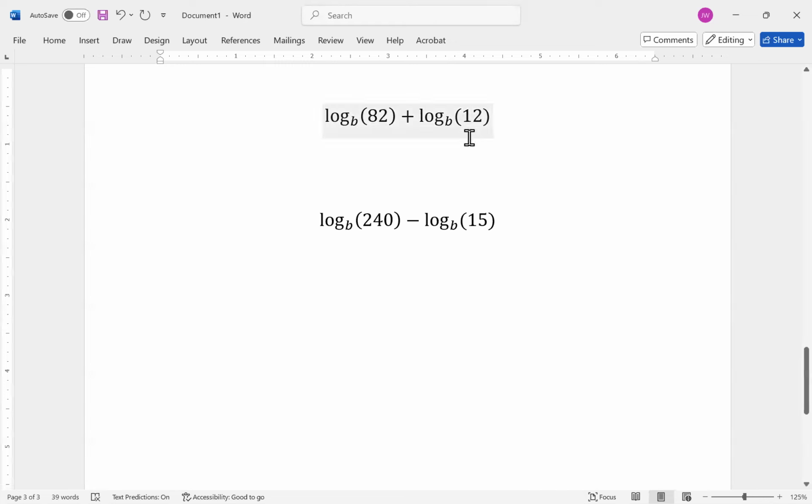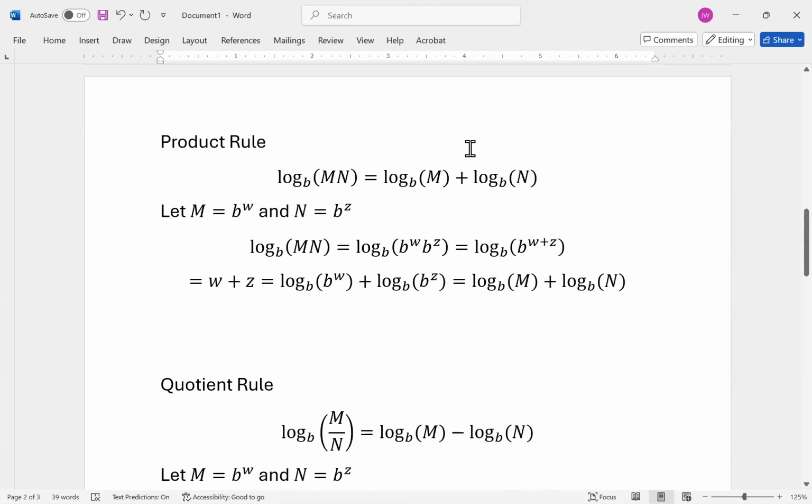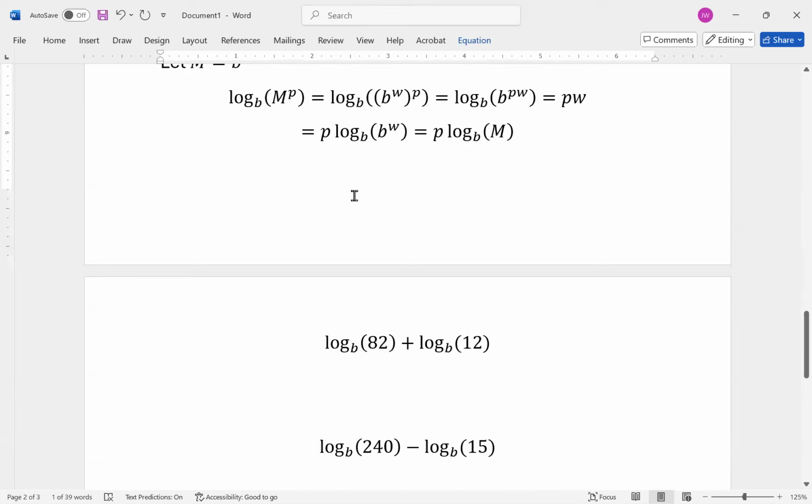All right. So this one, since we have log base b of a number plus log base b of a number, I go back up. That's the right-hand side of the product rule. If I want to rewrite this as one expression, I can just take log base b of the product of those two numbers.